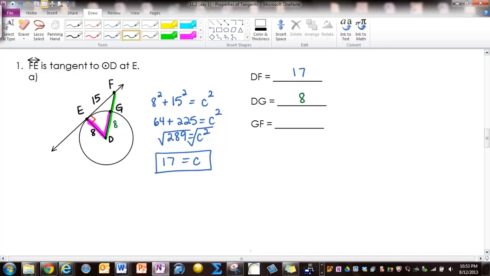Now to find GF, which is that little piece of the hypotenuse that's outside the circle, I'm going to take the hypotenuse, which we found to be 17, and subtract off 8, which is the radius, and that's going to give me the piece that's outside, which is 9. So GF is 9.